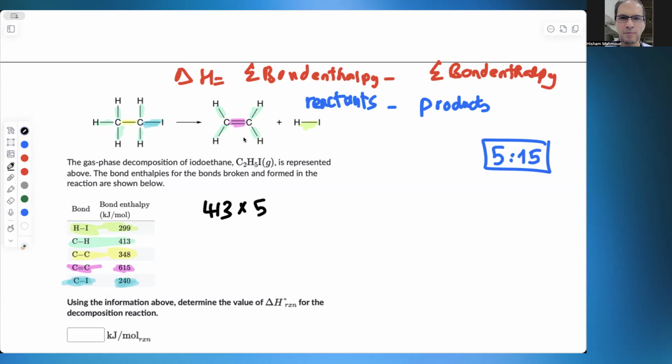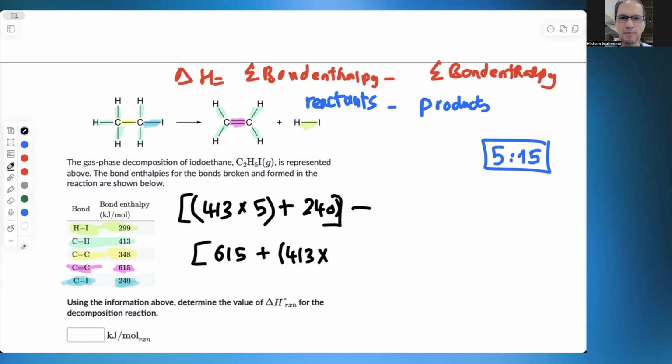Very correct. Okay. So 413 multiplied by 5, in addition to the C-I, which is 240. And then I will subtract this from the products, which is 615. And this is added to C-H again, which is 413 multiplied by 4. And that's added to H-I, which is 299. Let me see, did we miss anything?